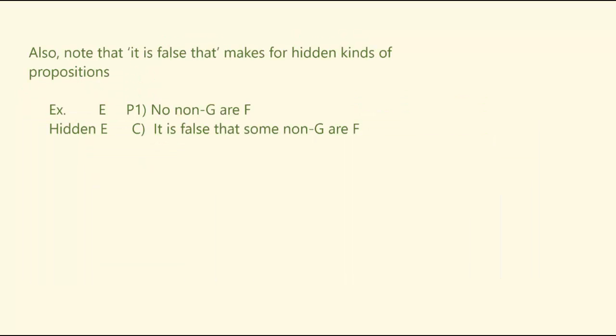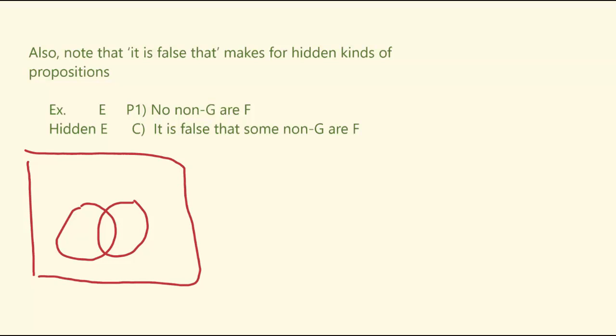What this means then is that adding "it is false that," or denying a categorical proposition, can make for hidden kinds of propositions. So if we have an E proposition such as no non-G are F, we can see that we would diagram it in the following way, where this is our G's, this is our F's.